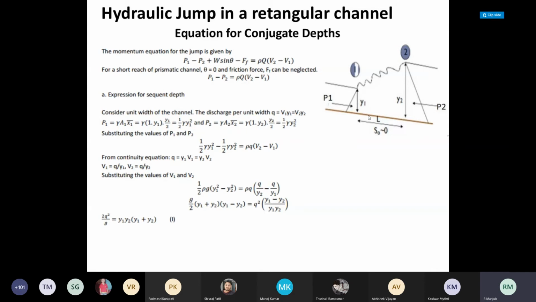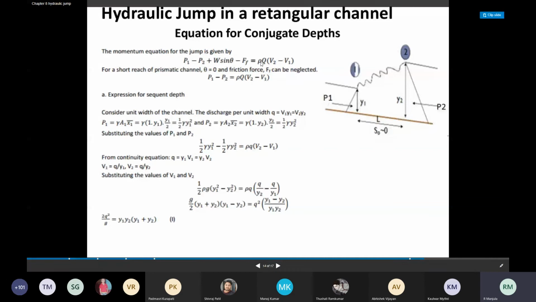Continuity is nothing but your area of cross section into your velocity, but momentum is the mass of the fluid multiplied by your velocity. So rho into Q gives you the mass of fluid flowing per second, multiplied by the velocity change V2 minus V1. So you are getting momentum on the right hand side.